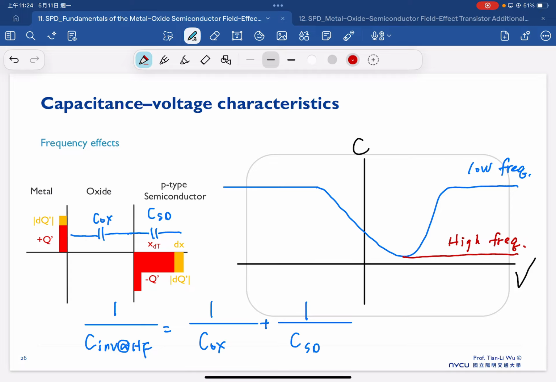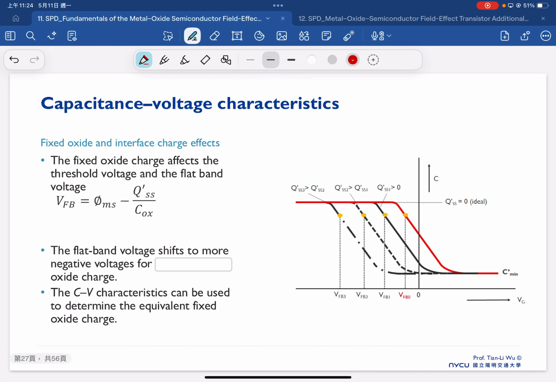Another one we have to take into account is the fixed oxide interface charge effect. Previously, when we took into account the flat band voltage, we already considered that there is a Q_SS in the dielectric. This fixed oxide charge will also influence our flat band voltage and threshold voltage.